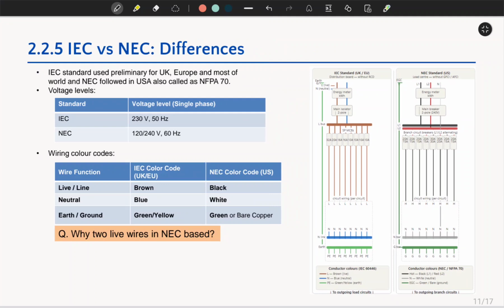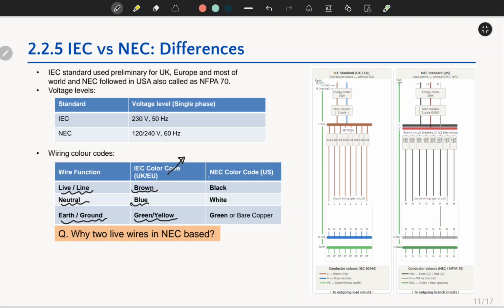In case of wiring, the IEC color code says the live or line wire should be brown, the neutral will be blue, and the earth or ground wire will be yellow-green.